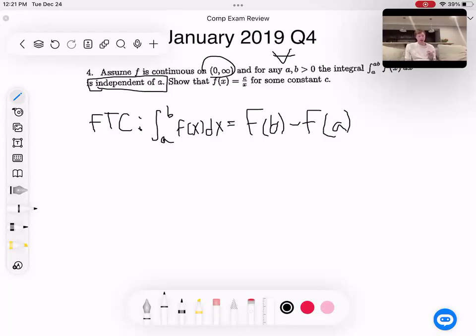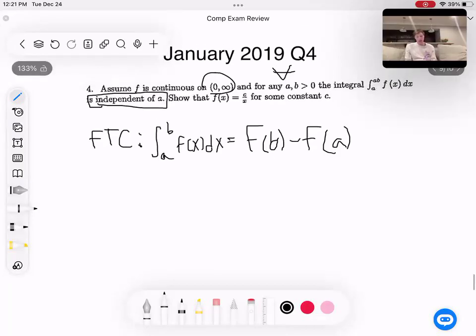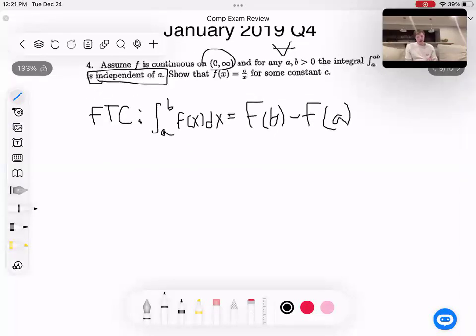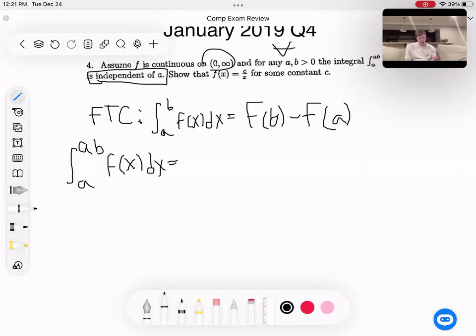And so if we apply that to this integral, what we're going to get is the integral from a to ab of f of x dx, and that's going to be equal to F of ab minus F of a.